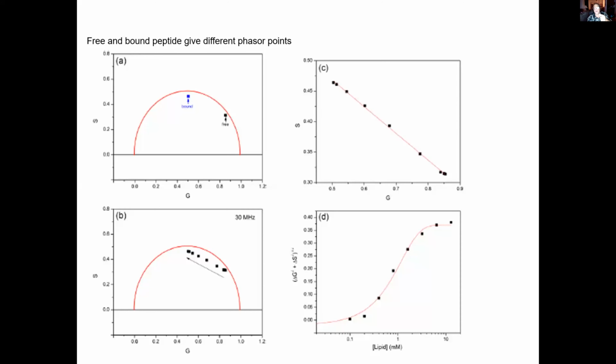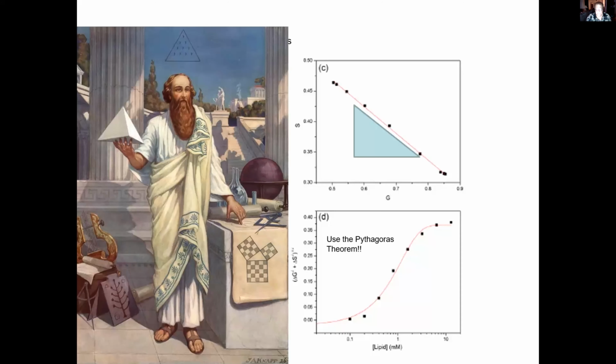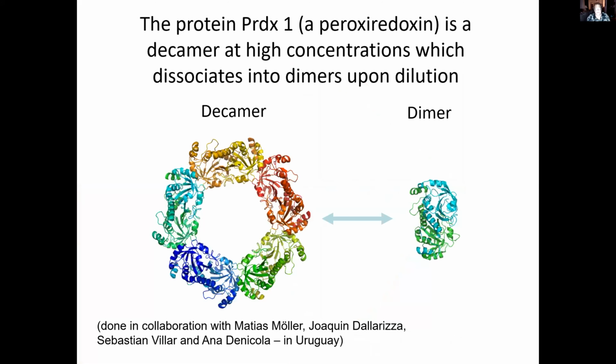And actually, how do we go from that data to the binding isotherm? Well, you use Pythagoras' theorem. So I was very thrilled to finally use Pythagoras' theorem for something, since I learned it in high school. And when you convert using the distance along this phasor line, the concentrations, you get a binding isotherm.